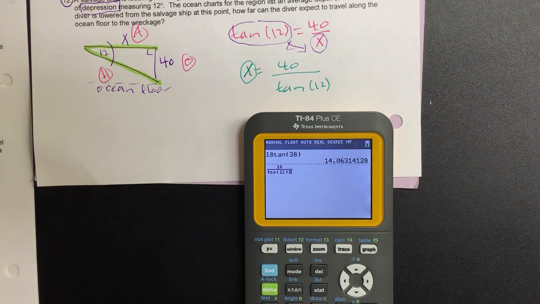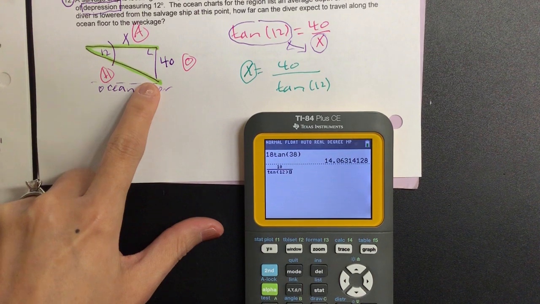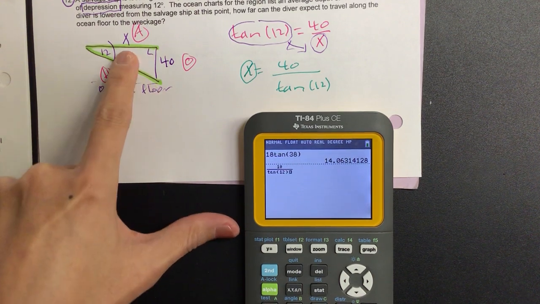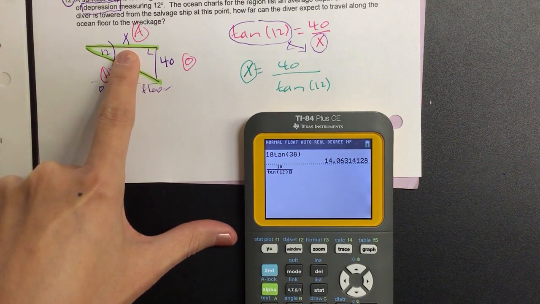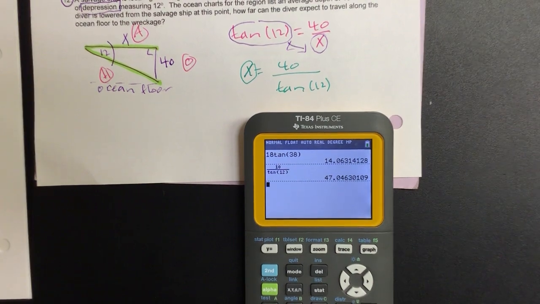Okay, let's anticipate something. 12 degrees is very tiny, correct? Very, very small. So if that angle is way smaller than the other, this side must be way bigger than 40. So when I press enter, is it way bigger than 40? It wasn't, I lied to you. I made a mistake.